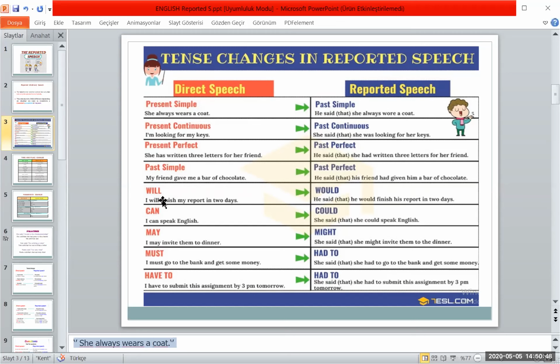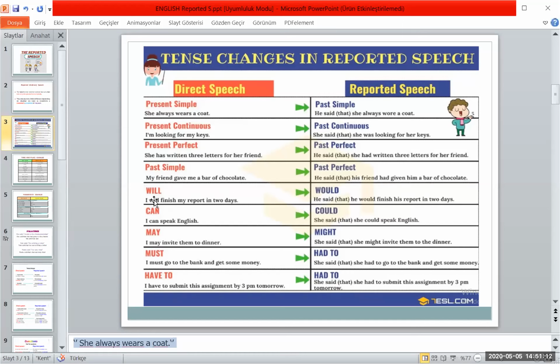If you utter a sentence with "will" in direct speech, in the original sentence, we want to change it into "would" in reported speech. The sentence: "I'll finish my report in 2 days." "He said he would finish his report in 2 days."